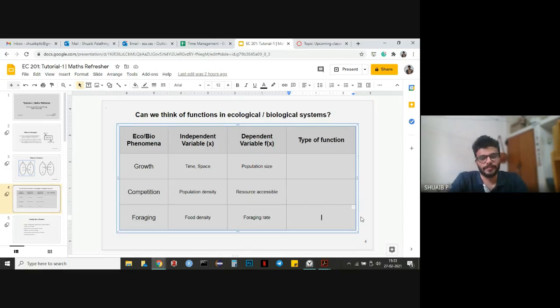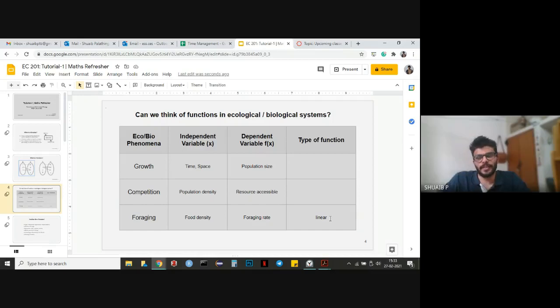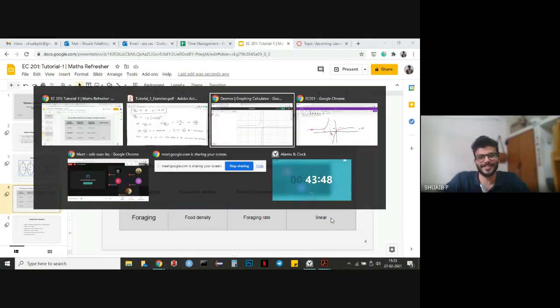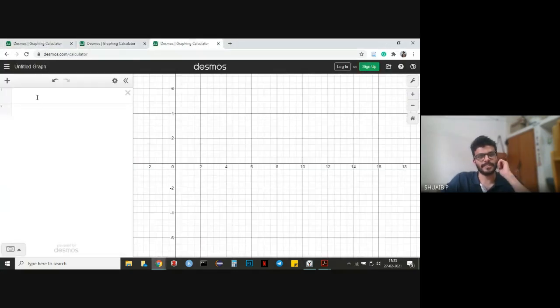It could be a linear relation, maybe. Linear or exponential? Yeah, now let it be linear, as it would be the simplest one. So maybe let's try to plot it.